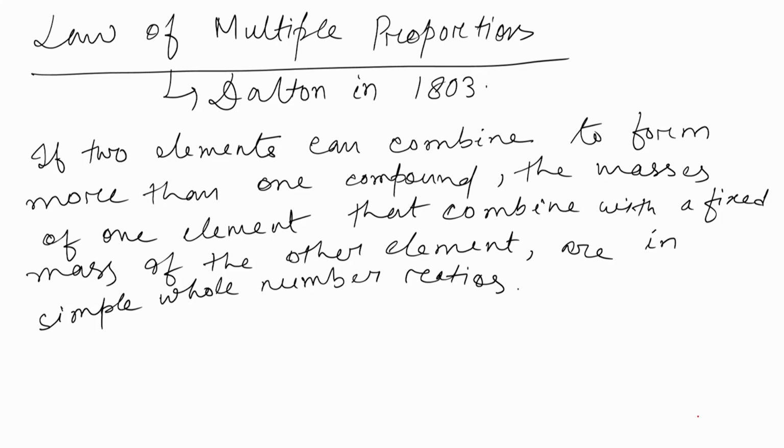The law of multiple proportions stated that if two elements can combine to form more than one compound, the masses of one element that combine with a fixed mass of the other element are in simple whole number ratios.